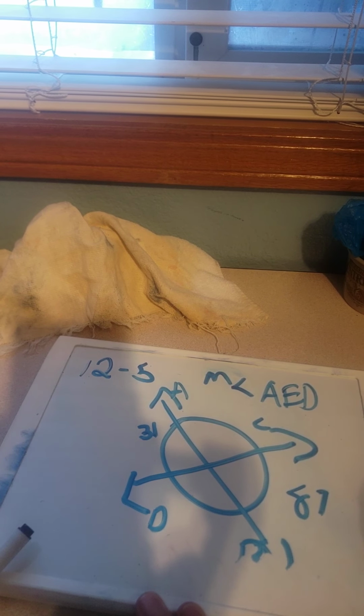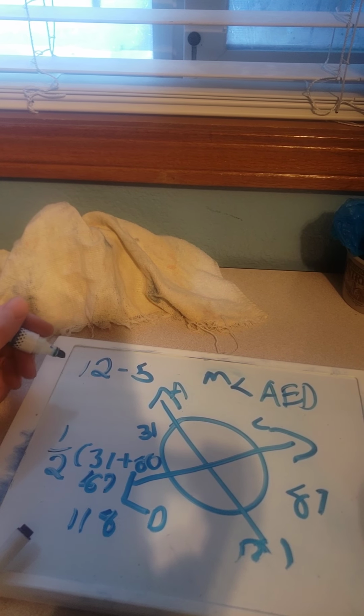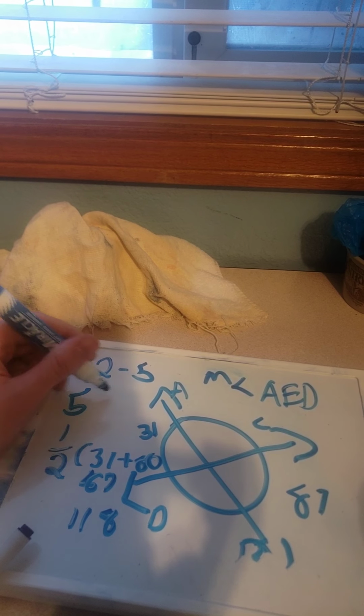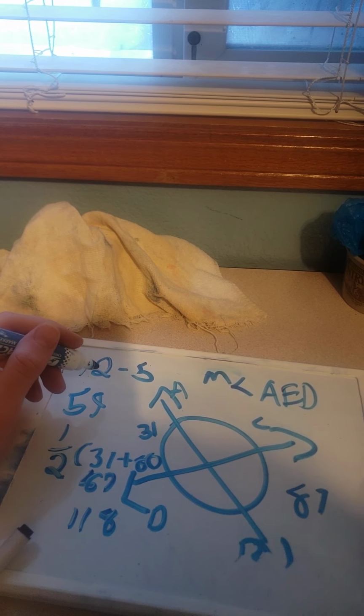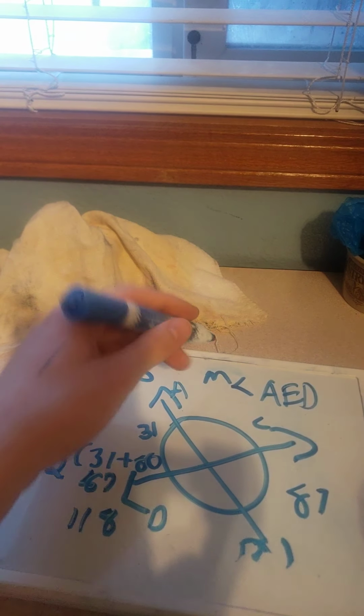So we have half of 31 plus 87. So 31 plus 87 gives 118. Half of 118 is going to be 59. So our answer is going to be 59. So angle AED is going to be equal to 59.